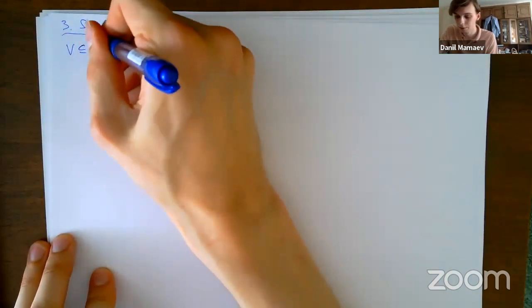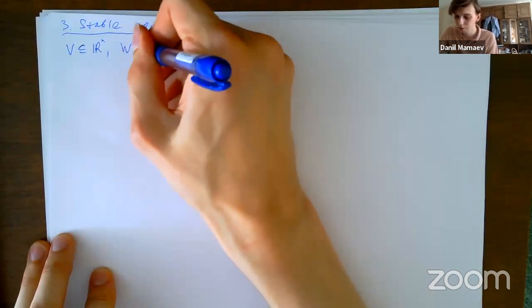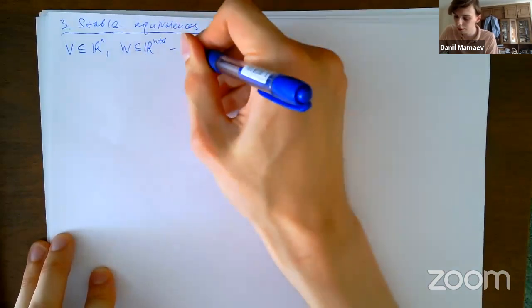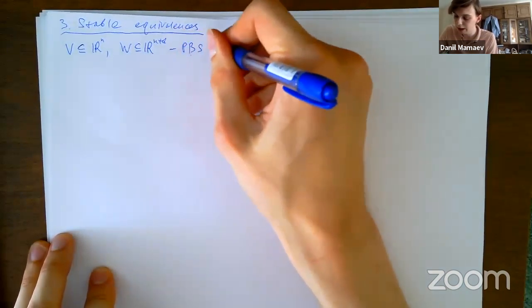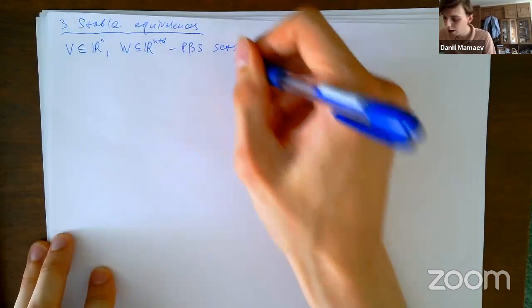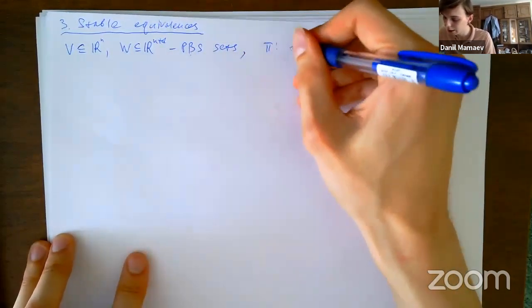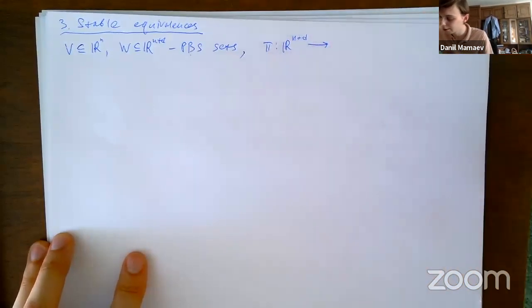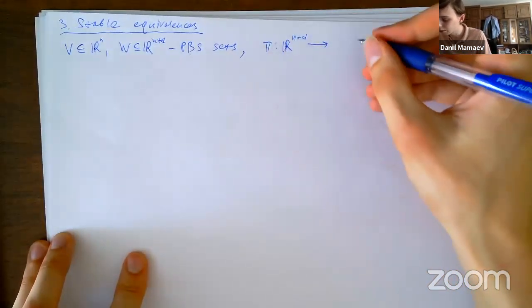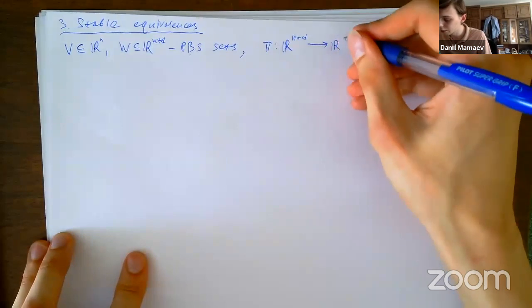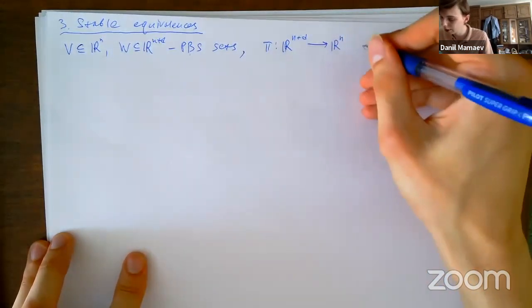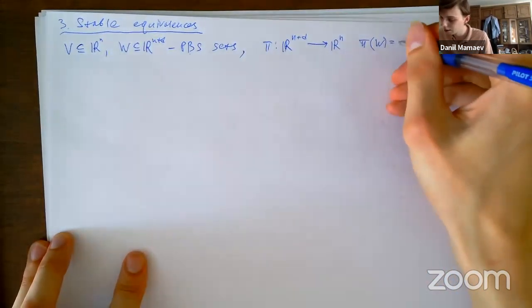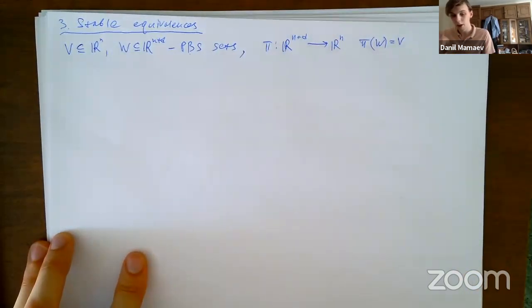Suppose we have two primary basic semi-algebraic sets, V and W, and suppose the canonical projection, where we just forget about the last d coordinates, sends W to V.